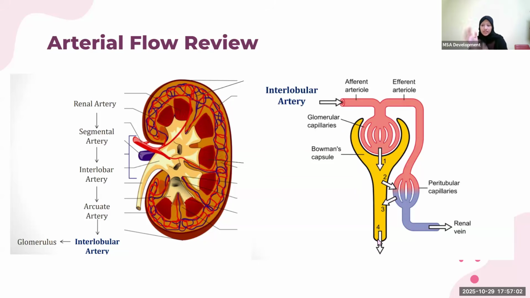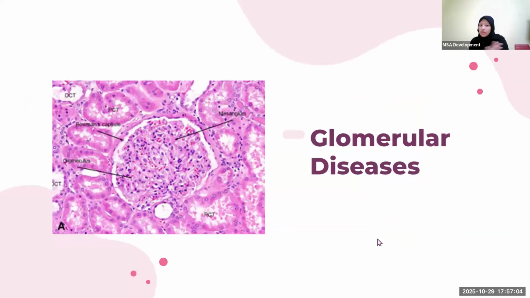Okay. Now the first part, or the first lectures that you guys took, were about glomerular diseases. So the glomerulus, again, is the structure that helps with the filtration, or sometimes we call it ultrafiltration. The point of filtration is that the substances in the blood have to be filtered out.